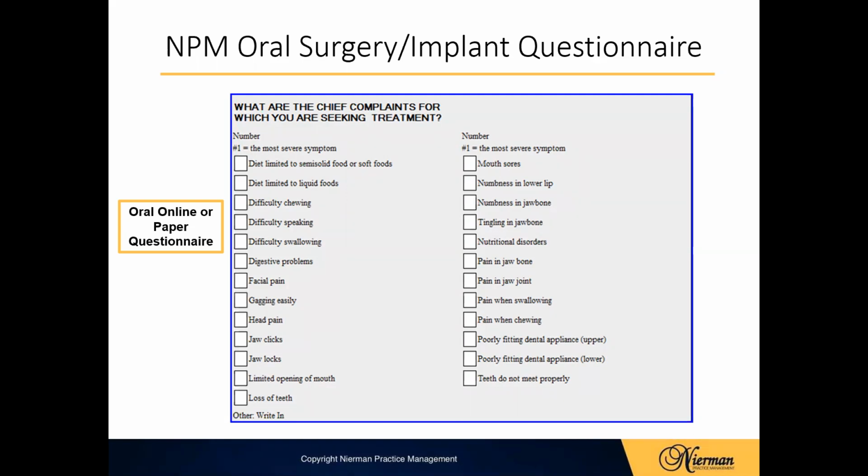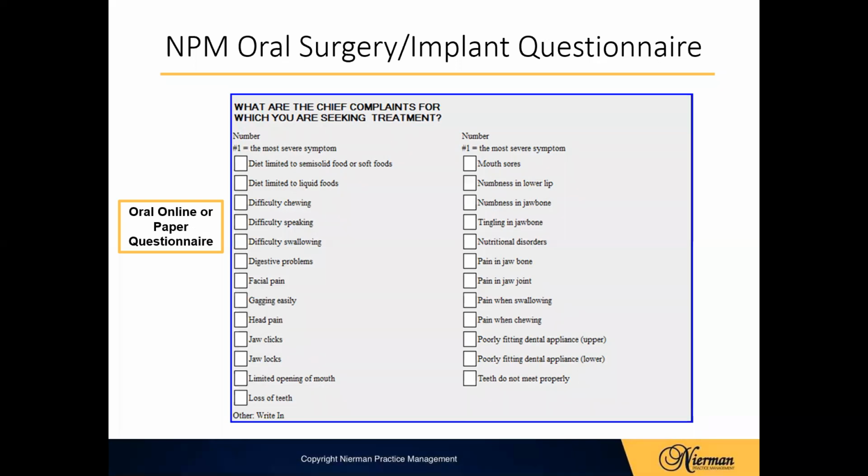Anytime there's numbness or tingling, that could be neurological, so that gets their attention. A comorbidity of many of these conditions are nutritional disorders. But anytime there's pain as well, that's going to come in. So have a treatment-specific questionnaire so that you can determine, is this a medical necessity?